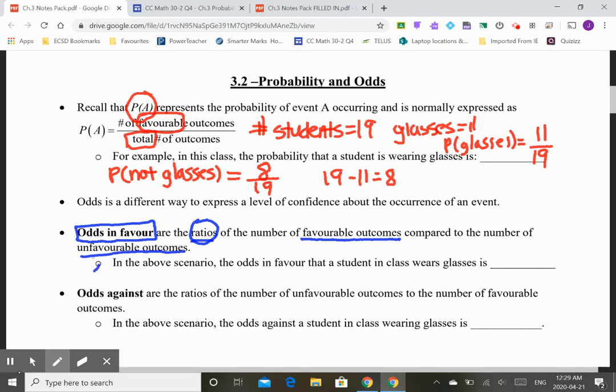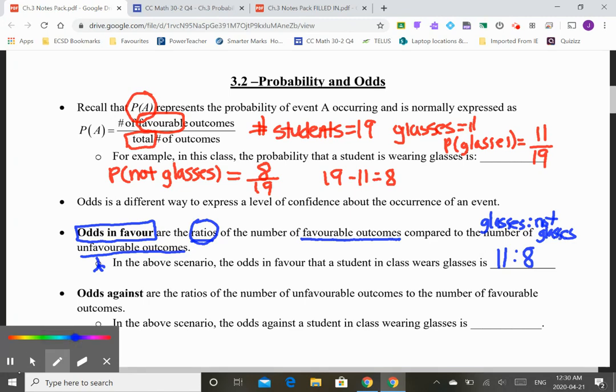So going back here, in the above scenario, odds in favor that a student in class wears glasses compares the favorable outcomes, which for that one was 11, compared to the unfavorable outcome, which would be 8. So favorable in this case would be wearing glasses. Unfavorable would be not wearing glasses. 11 to 8.